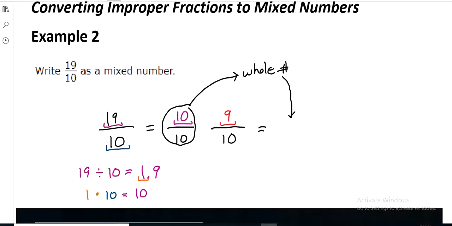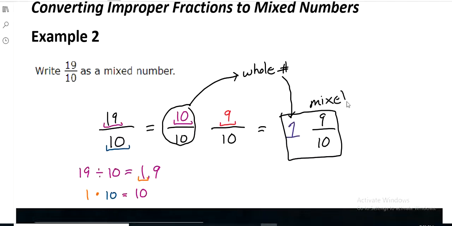What's nice about this is this second fraction here is going to stay as our fraction. So now the last thing to do is to figure out what our whole number is. Our whole number is 10 divided by 10, which is 1. So our mixed number would be 1 9/10.